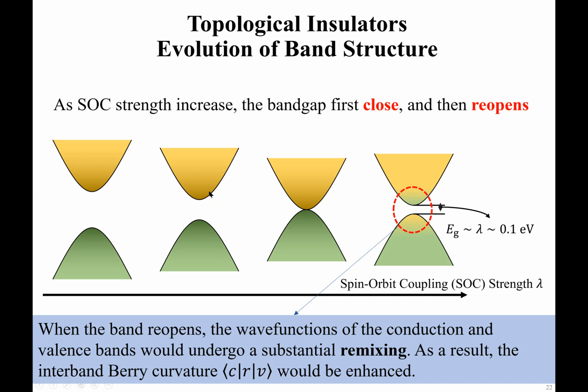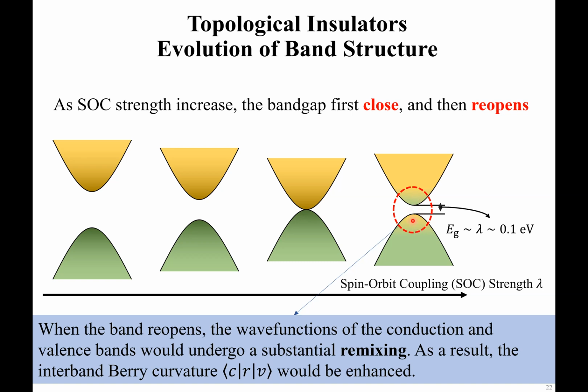So if you have a material with, let's say, a chalcogen P band and the transition metal D band, then when you turn on, let's say, the spin orbit coupling to induce this band gap closure and then reopening, you will have some chalcogen P character in the conduction band and some transition metal D character in the valence band.